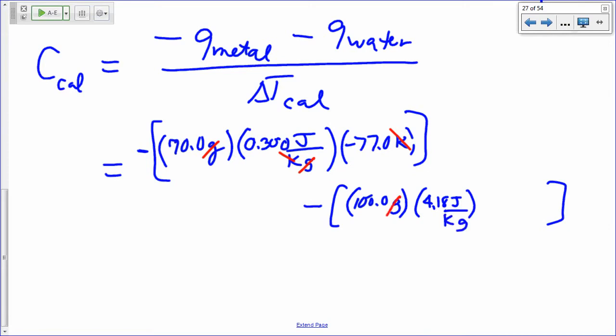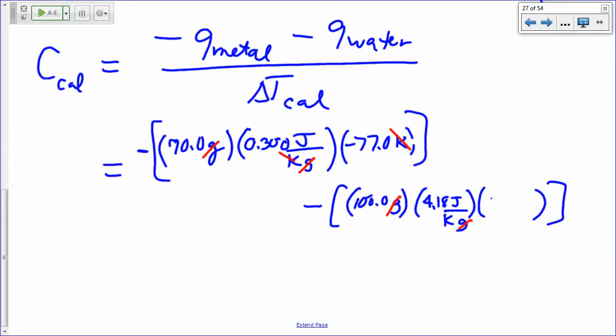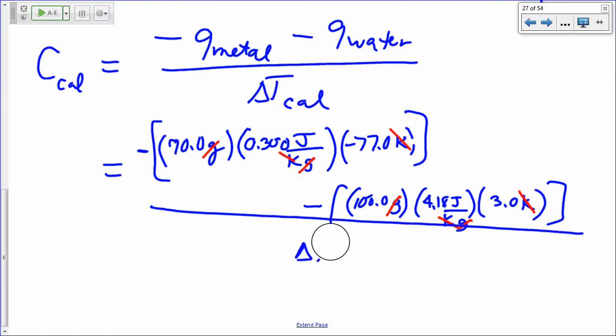So gram cancels out. And delta T for the water: how much did the water change? From 20 to 23 degrees Celsius. So that's 3.0 Kelvin. That cancels out. And then you divide the whole thing by delta T cal. What's delta T cal? The same as delta T for the water. So divided by 3.0 Kelvin.